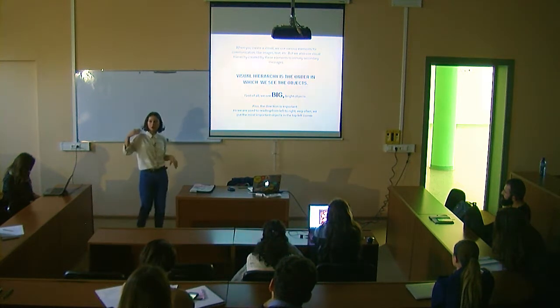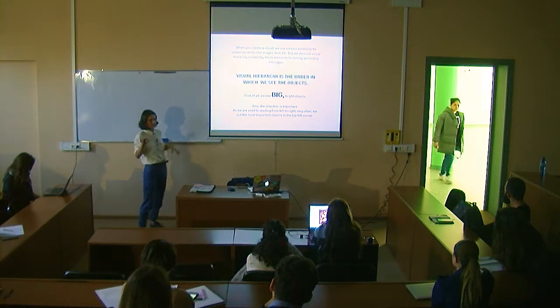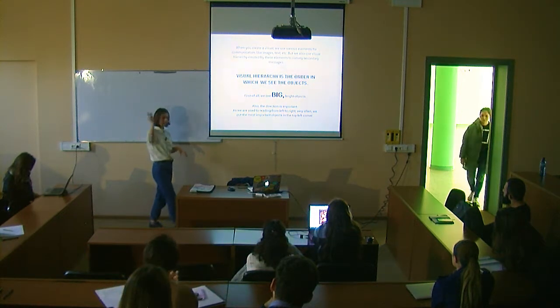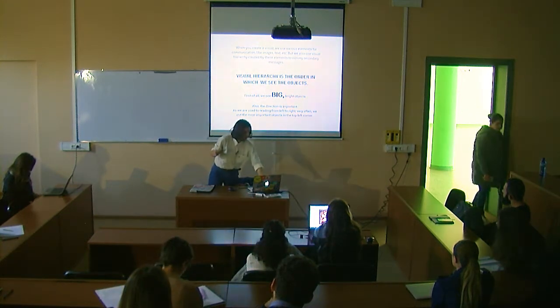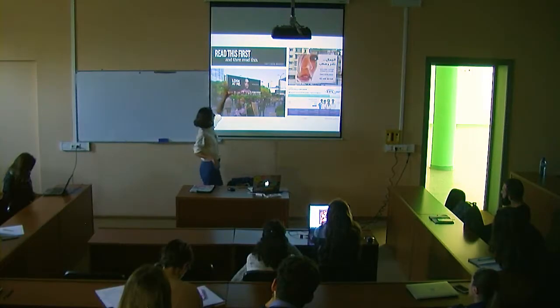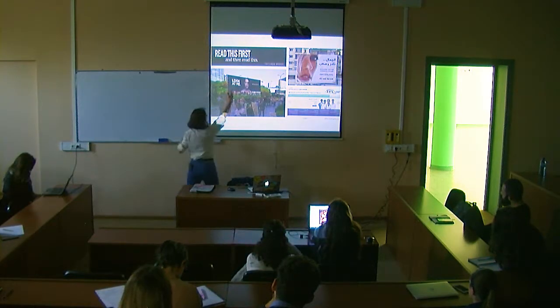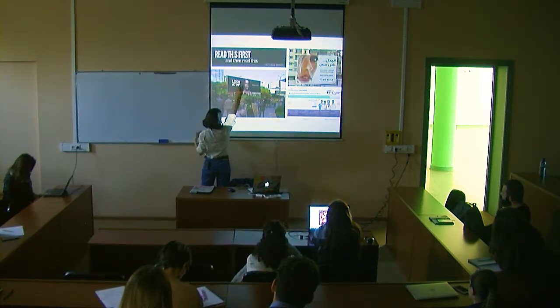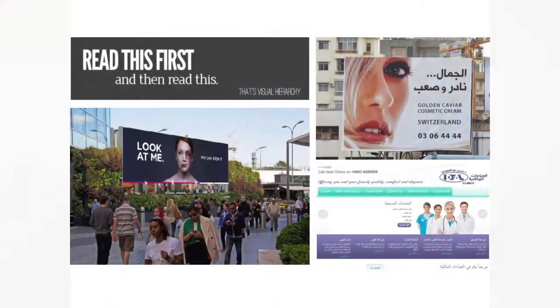But for people who write from right to left, the focal point is on the right side. You see the example of a design in English, and you start reading from the left side. Look at me, and you have the most important thing placed on the left side.